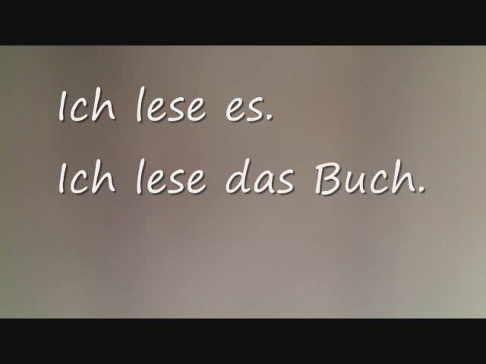So let's look at some examples. Ich lese es. Okay, we don't want to say ich lese das Buch anymore. We don't want to say I read the book. We want to say I read it. Okay, since Buch is neuter, its pronoun is going to be es. So ich lese es. What is the verb? The verb is lesen. Okay, so its accusative pronoun will be es because es is what the verb is being done to.